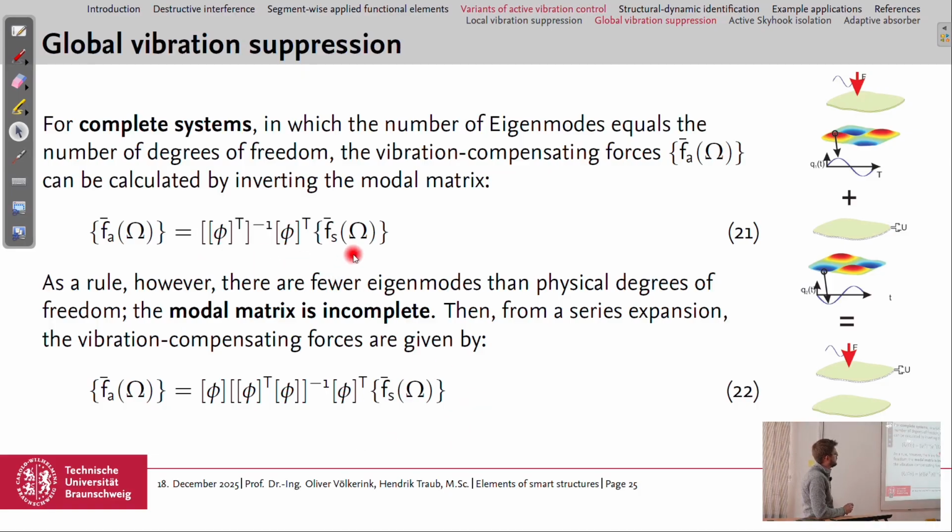If we use a finite element model instead of a real structure, then we would have a finite number of degrees of freedom, and we could also use this. Nevertheless, with equation 21 or 22, we now have equations to calculate the needed actuator force in terms of the frequency from the disturbance, using a description of our eigenmodes.